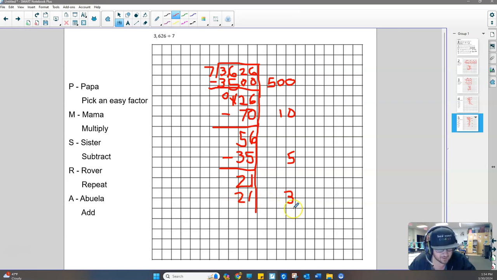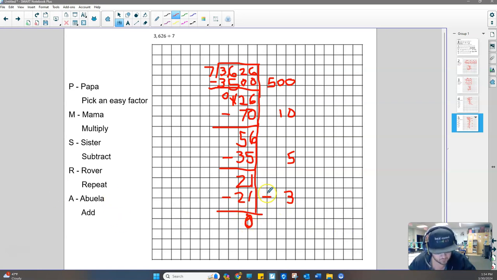Now notice again, my 3 is in the 1's place, so it's lined up with my 1's. Sister subtract. 21. So 1 subtract 1 is 0. 2 subtract 2 is also 0, so I don't have a remainder. We have nothing to repeat because I'm now down to 0.